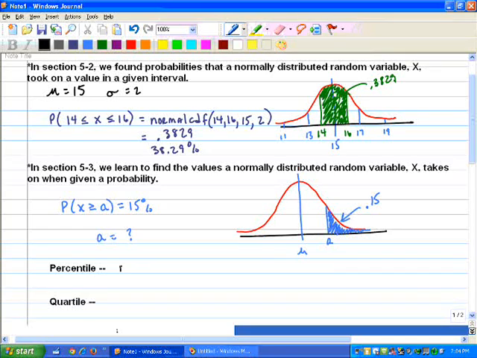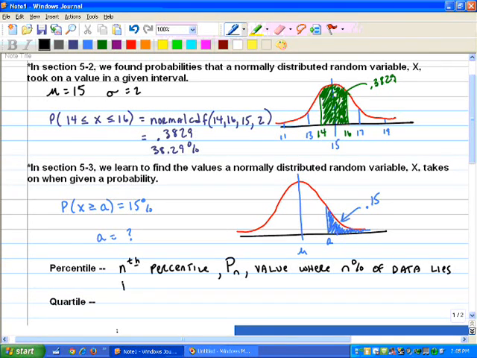When we talk about the nth percentile, we're going to denote that capital P sub n, and that is the value where n% of data lies below P sub n.